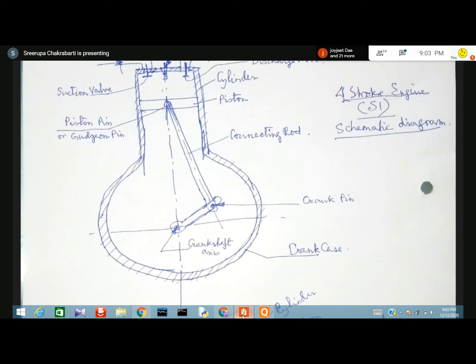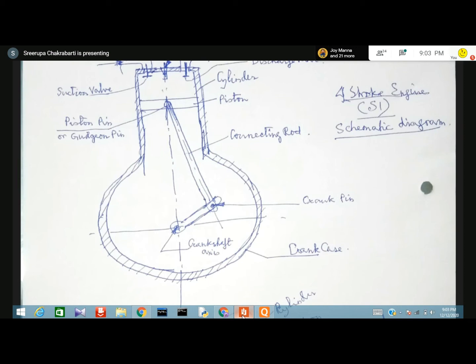Just imagine, what is 1 second? You look at your watch, get the feeling. 1 second is the time required to complete 25 cycles of the engine. And each cycle means 4 journeys of the piston.